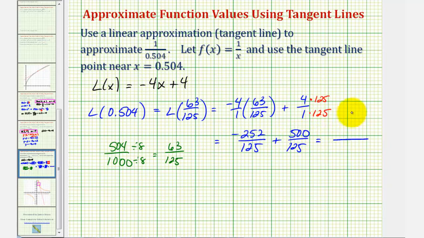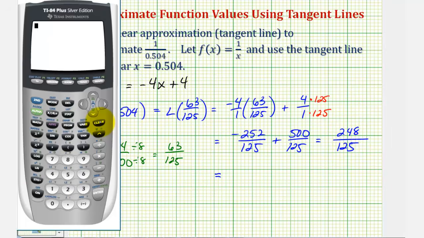So this is equal to 248 divided by 125. This would be our exact approximation, but let's also convert this to a decimal. This quotient is equal to 1.984.